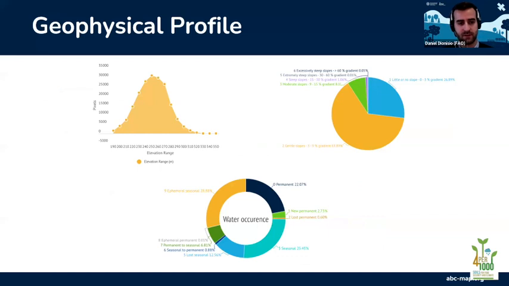We also have an elevation profile, water occurrence, and water occurrence transition, so what percentage of water went from permanent to seasonal to no water, etc.